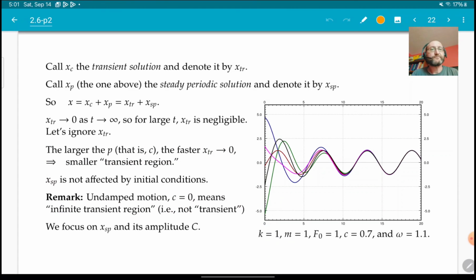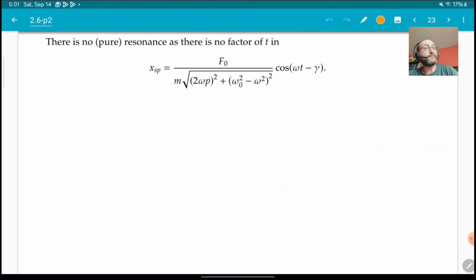All right. So we'll focus on the amplitude of the steady periodic solution. Now, there is no pure resonance here. If we look at the steady periodic solution, we notice that there is no t in here. So this solution's amplitude does not go off to infinity.